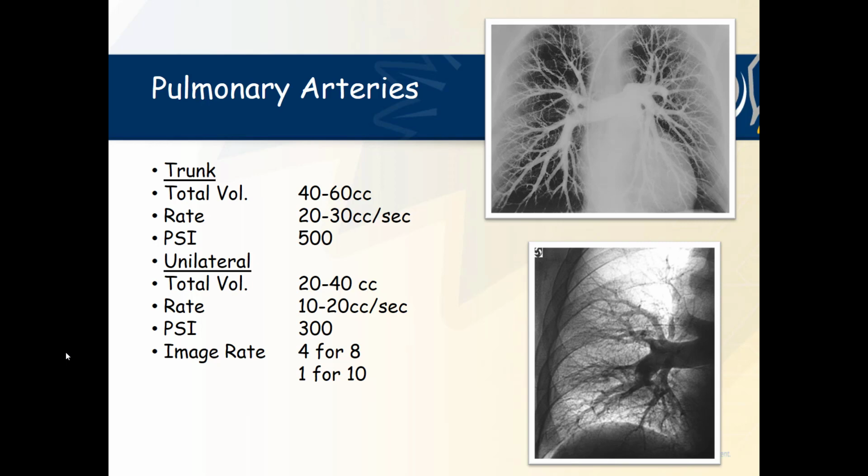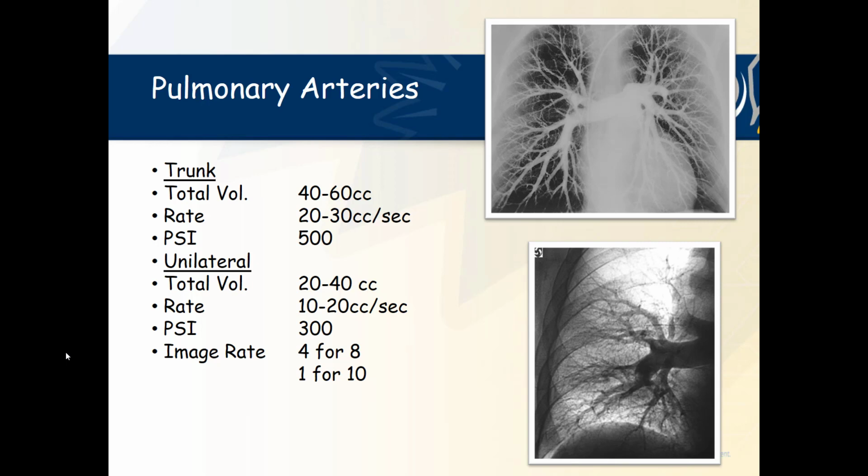Mast cells are in the pulmonary system, and that's where you get a big release of histamine. And so when you do an injection directly into the lungs, you have a higher likelihood of contrast allergic reaction.